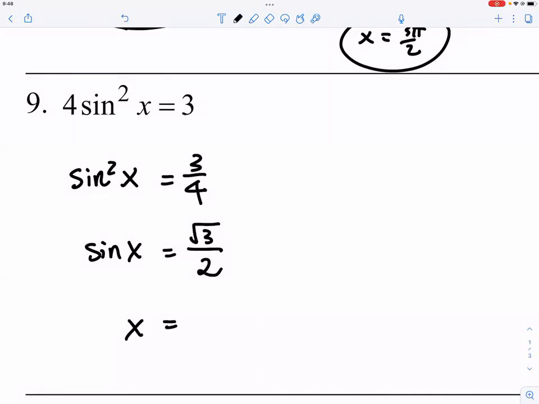And then we have x equals pi over 3 and 2 pi over 3. Okay. Any question?